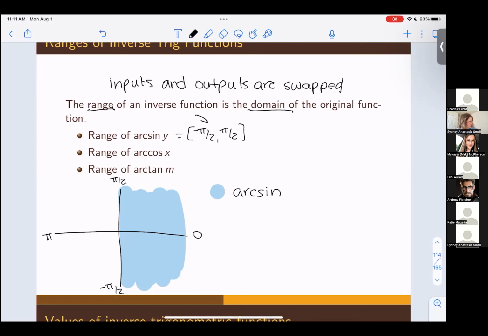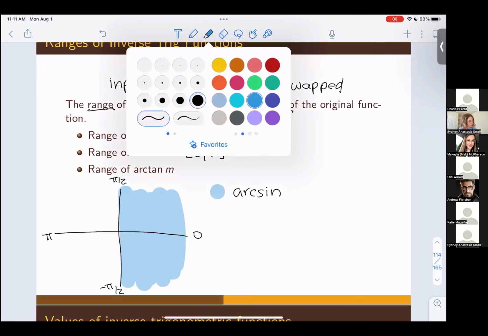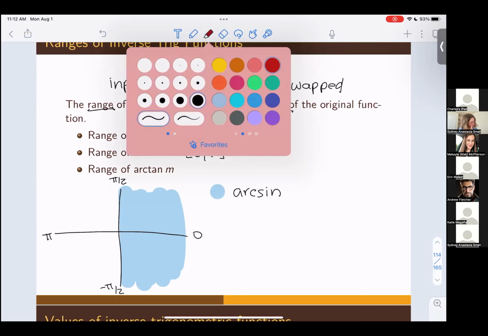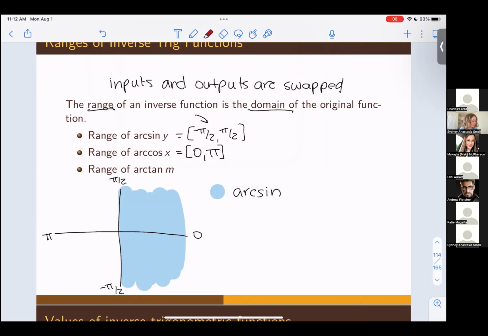The range of arccosine is 0 to pi because the domain of the restricted cosine function is 0 to pi. So whatever x coordinate from the unit circle we plug into the inverse cosine function, we will get an angle over here. So that is our range for arccosine.